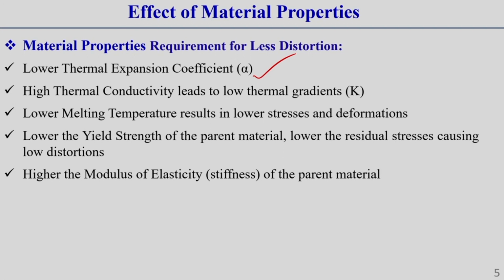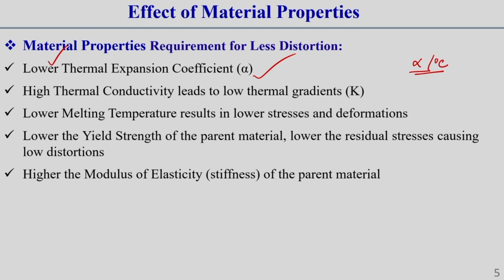So, if this thermal expansion coefficient is more, then higher will be the thermal expansion, and higher will be the thermal contraction. Higher the thermal contraction, higher will be the deformation or distortion in that structure. That is why a lower thermal expansion coefficient of the material is preferable, because lower the coefficient, lower will be the distortion.